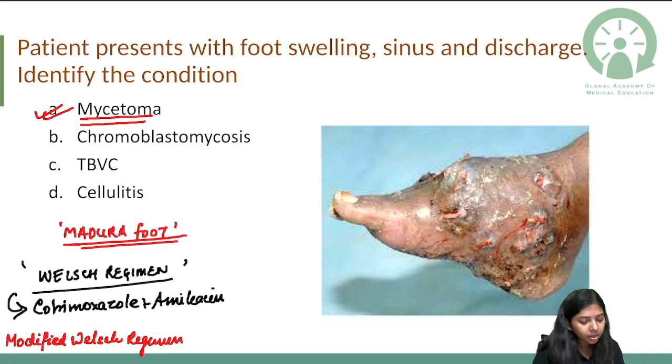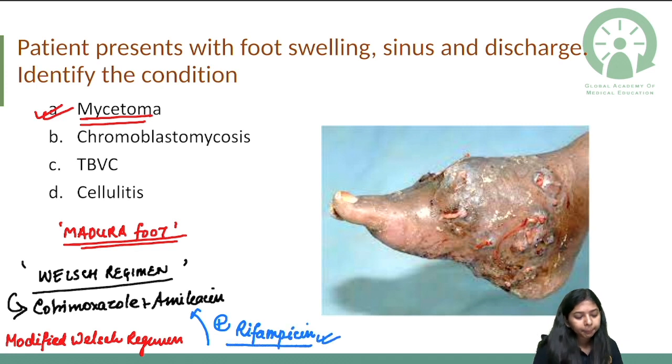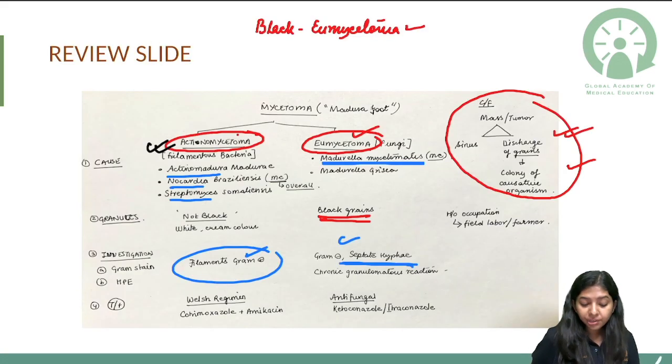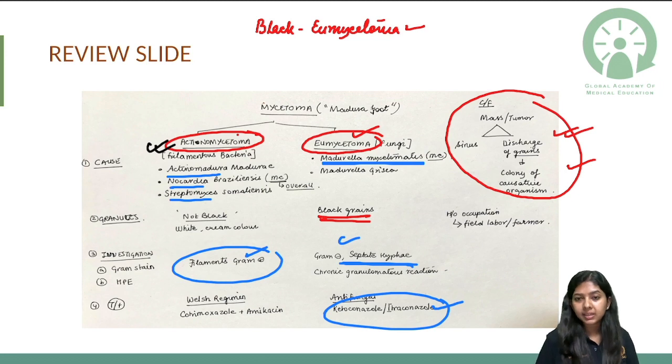If you add rifampicin to this, it becomes the modified Welsh. And for Madura foot caused by eumycetoma, you are going to give azole, itraconazole actually.